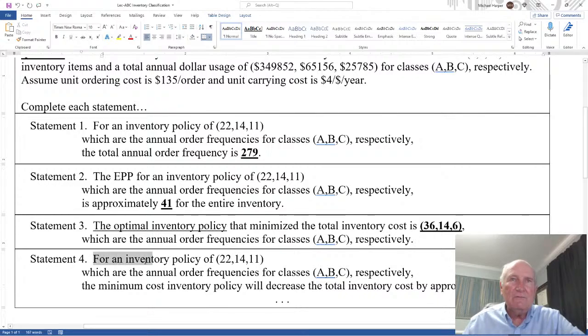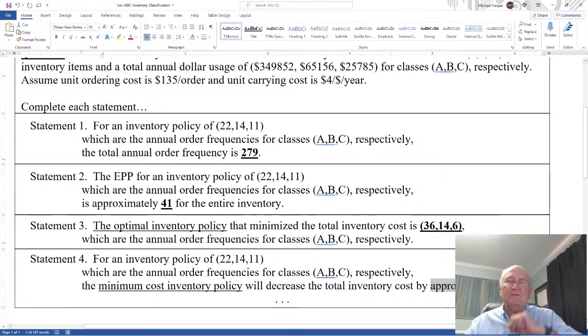Now for the inventory policy 22, 14, 11, go back to this, which are the annual order frequencies, the minimum cost inventory policy, and let me again underline the minimum cost inventory policy, will decrease the total inventory cost for this inventory policy up here by approximately that much.